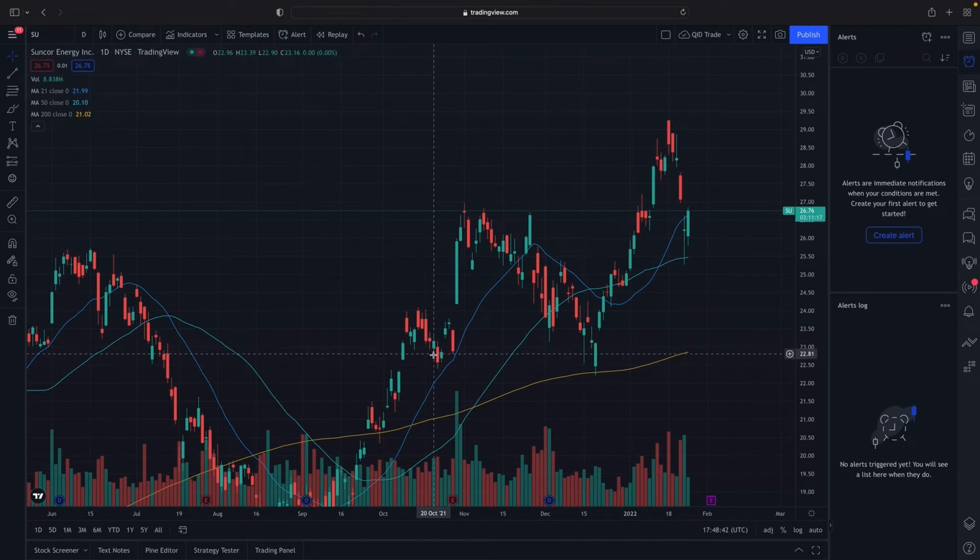You want to add that up for 21 different days since we're in the daily chart. And then you want to divide that by 21 to find the actual moving average. A lot of people don't do this type of math, but that's just the mechanical way to do it. Here in TradingView, you can just type in the numbers that you want, and then it would actually draw the line for you and show you that moving average.